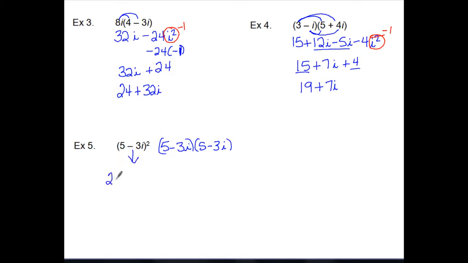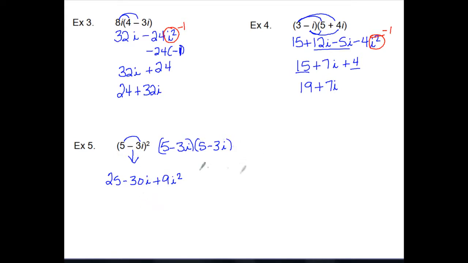Square the 5, 25. Square the negative 3i. Negative 3i squared is plus 9i squared. Where does the middle come from? What's 5 times negative 3i? Well, it's negative 15i. Double it because you're going to have two of them. So that's negative 30i. So that's what you get when you square this.